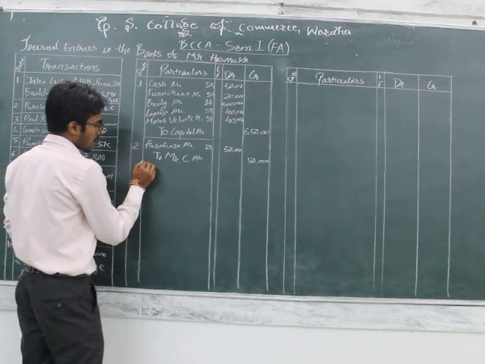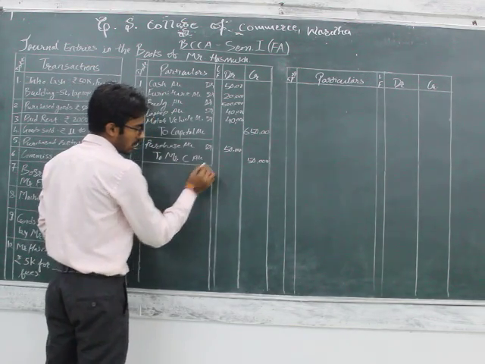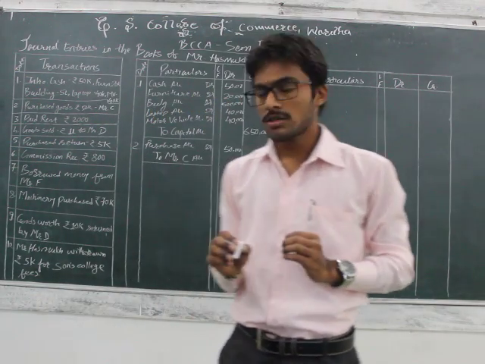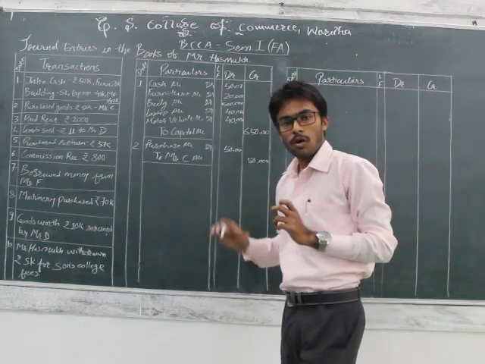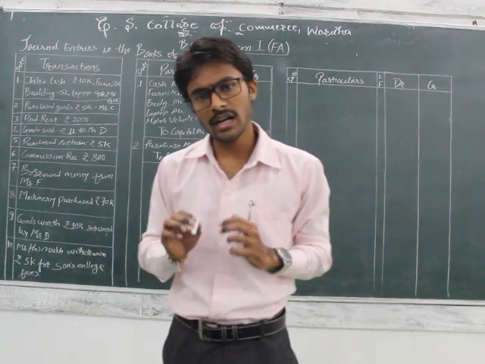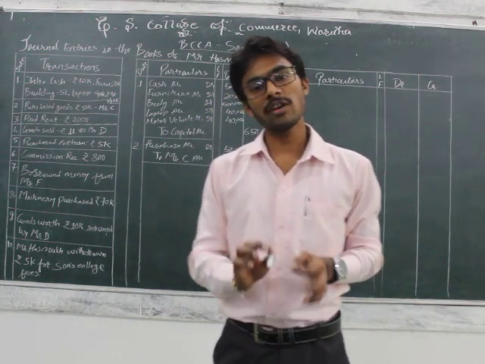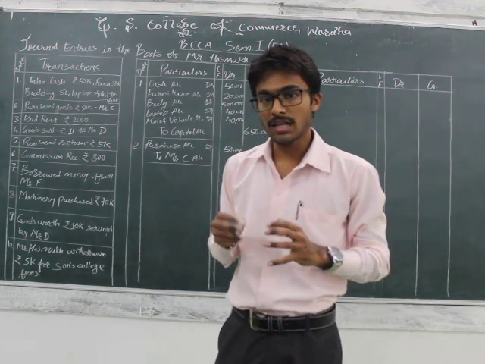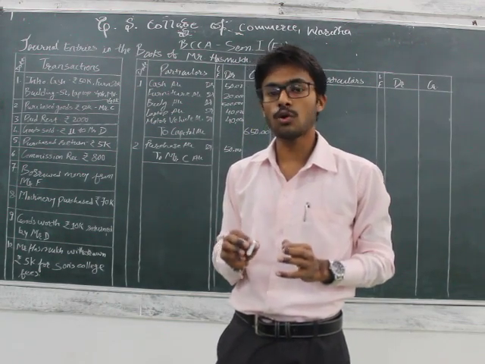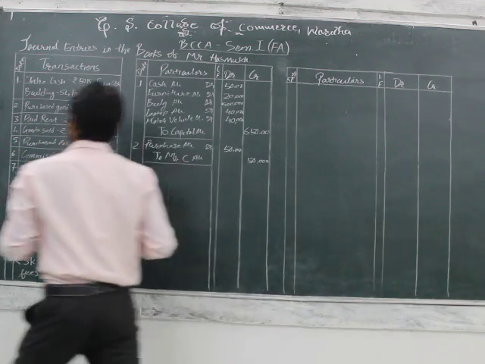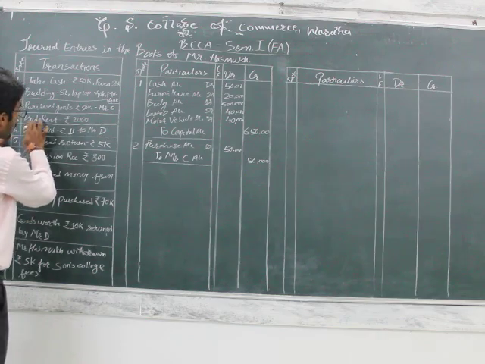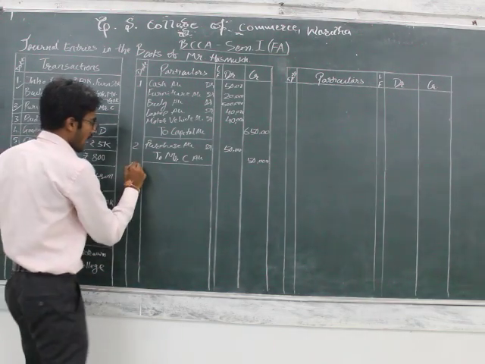This is how we conclude this entry, and the narration will be being goods purchased from Mr. C. Why haven't we credited cash here? Because we haven't provided cash to Mr. C. That means this is a credit transaction, that's why Mr. C account will be credited. Okay, so we have completed 1 and 2. The third one is paid rent rupees 2,000.